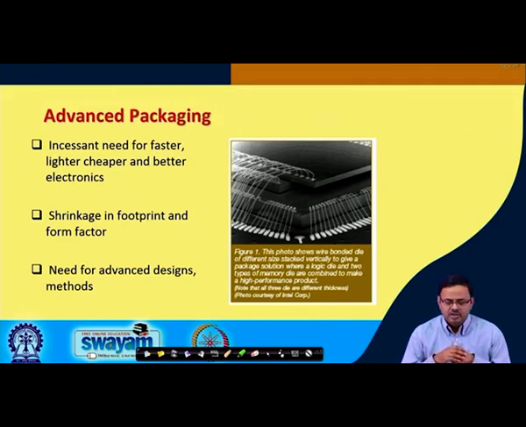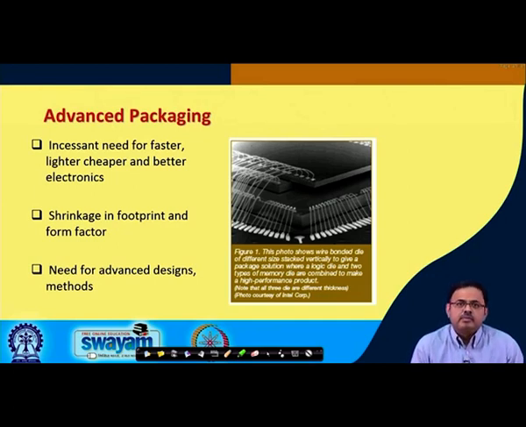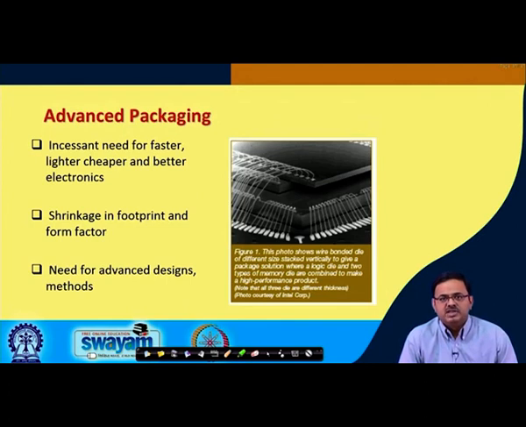In this example, there is a logic die and 2 types of memory dies, 3D stacked one above the other in a high performance product. All right. We will talk about this in more detail when we come to stacking of dies.